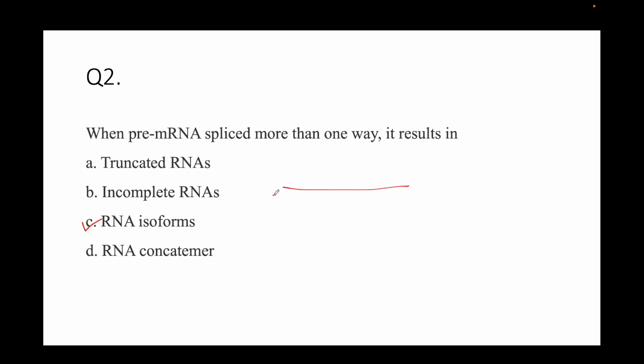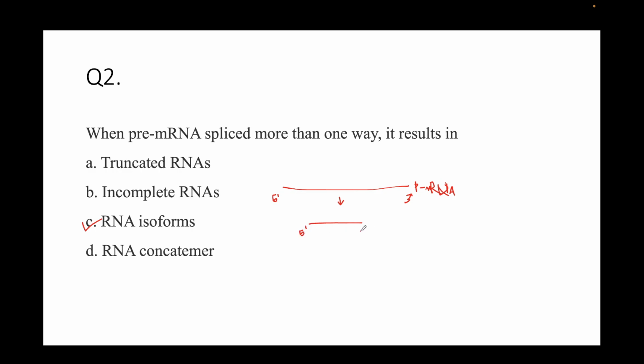For example, this is your 5' to 3' pre-mRNA. It's hard to write. This will lead to production of your spliced mRNA, or we can call it mature mRNA.